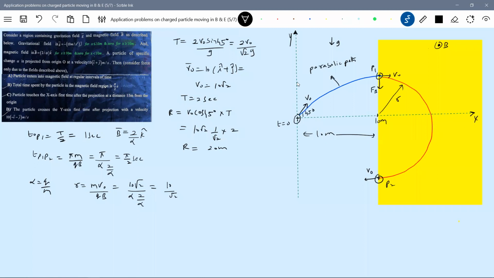15 meter, 5 meters. Option C is also given. Anybody check the calculation, where I'm going wrong? Speed of projection is telling radius 5 meter, but we are getting something else.